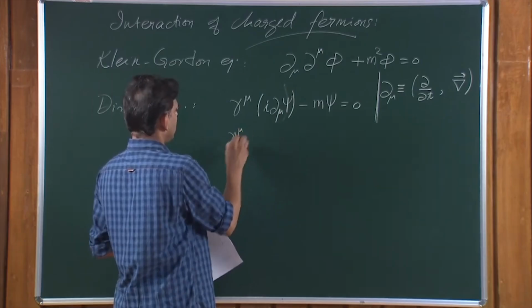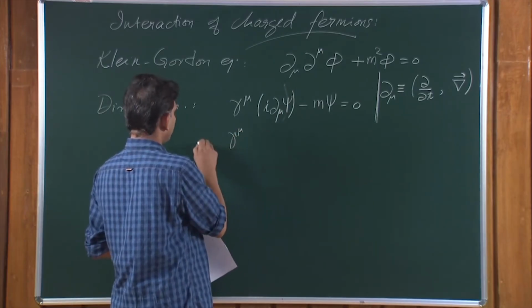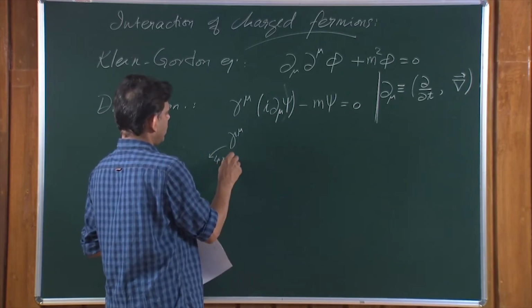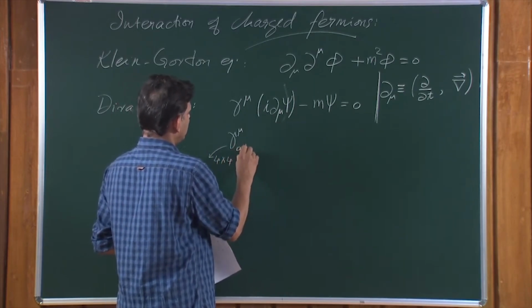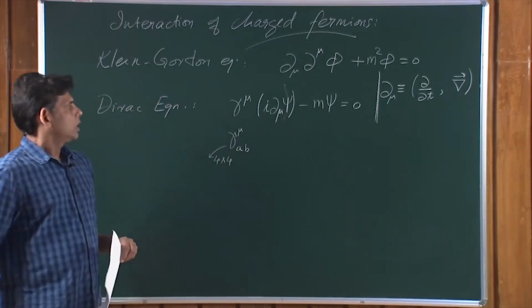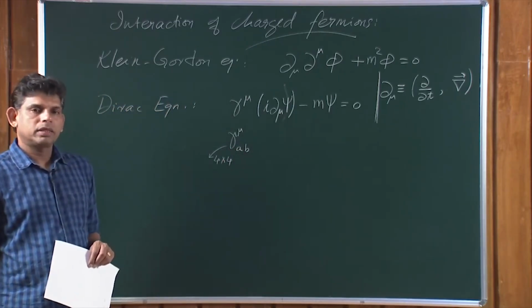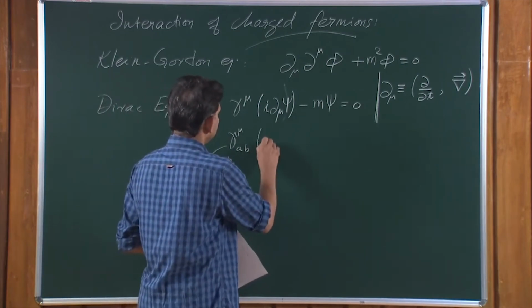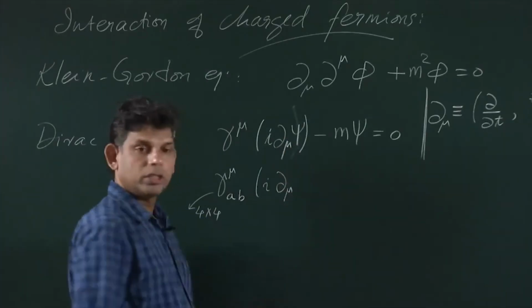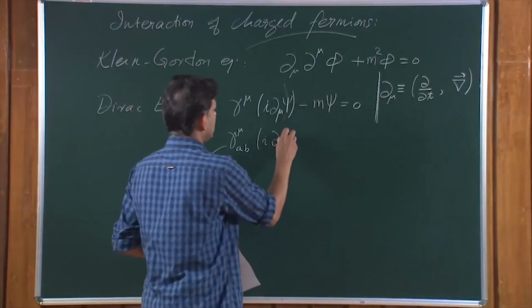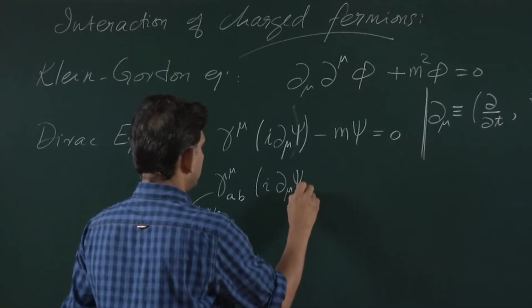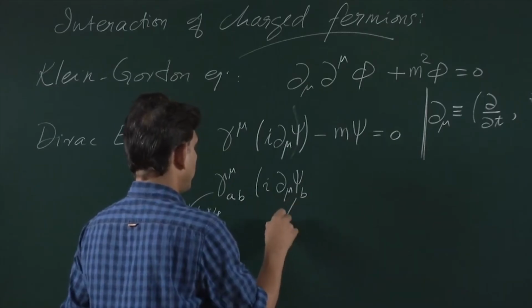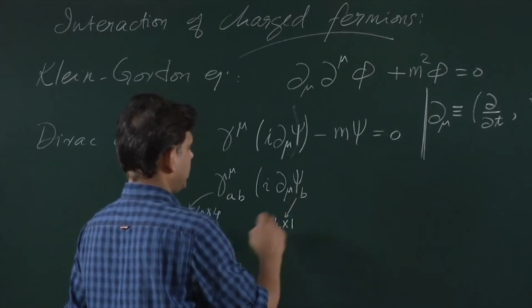The differences between these two, which we have already gone through, but let me just remind you: gamma is a 4 by 4 matrix, and let me denote the matrix indices explicitly. This i dou mu is not any matrix, but psi is a matrix with a single index, that is, it is a 4 by 1 matrix.